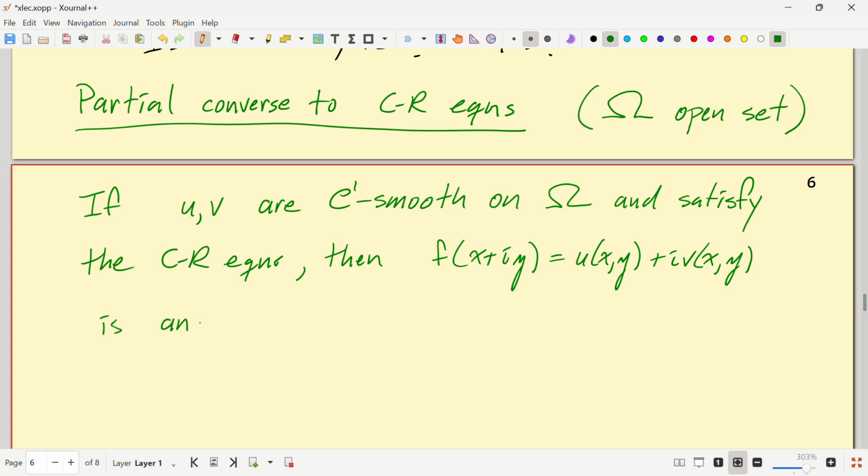So it's analytic. That's going to mean that the complex exponential is analytic on the whole complex plane.